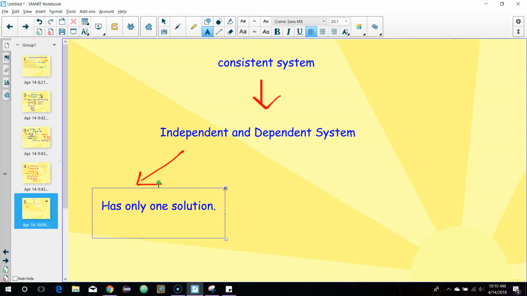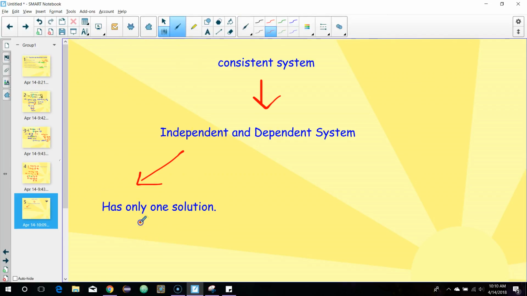So examples would be anything that, if you draw it, looks like a cross. You have the intersection point in the middle, then that will be a consistent independent system. Most systems of equations have one solution, then it's an independent system.